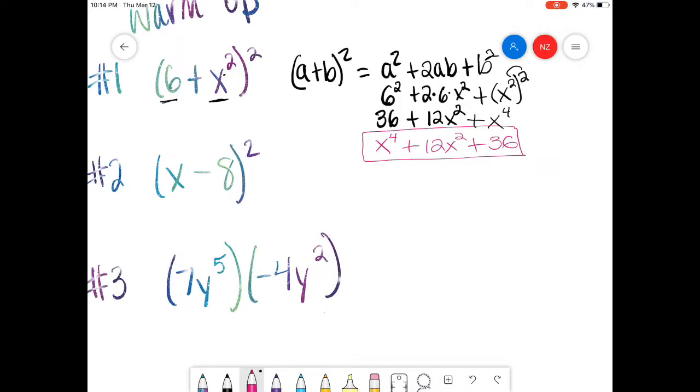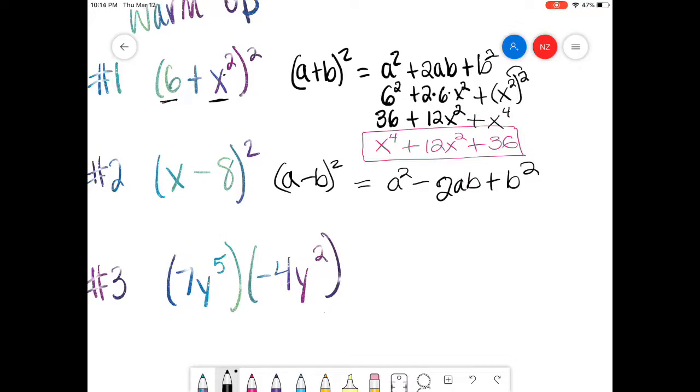Okay, now number 2. Number 2 is also one of those special cases. Now this time I have a minus sign. So if you remember the rule, (a minus b) squared is the same thing as writing a squared minus 2ab plus b squared. Remember, you don't have to use these rules. It's just a shortcut. You can still write the problem twice and do FOIL or box method.